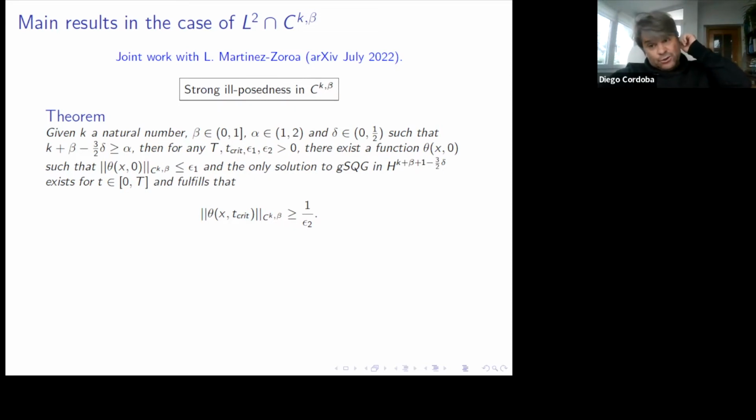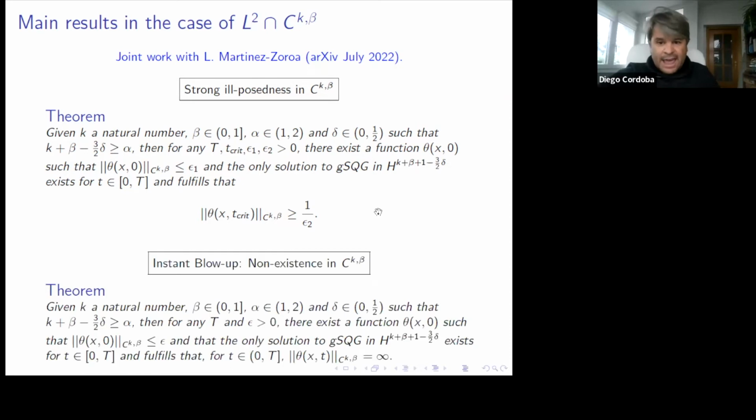So these solutions exist for very large times, and the second theorem is non-existence. For this theorem, same betas, same alphas, same deltas, same conditions. You give me a capital T, that's the time of existence of your solutions. You give me an epsilon as small as you want.